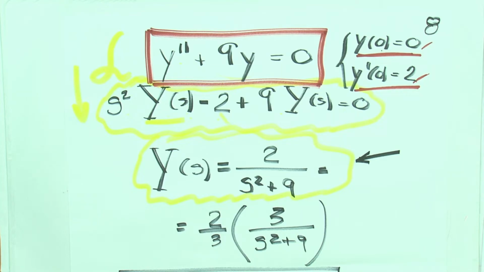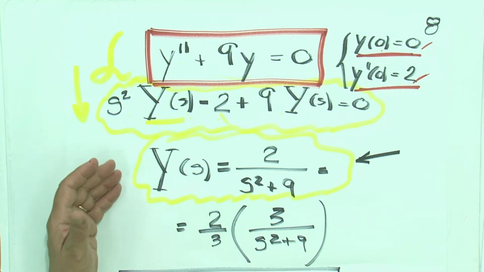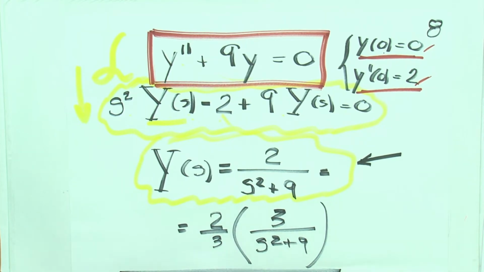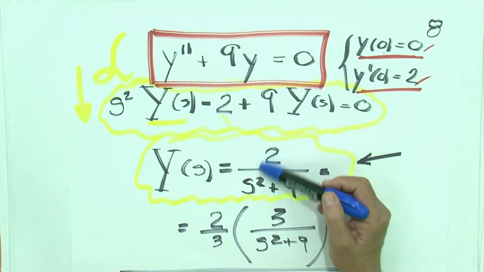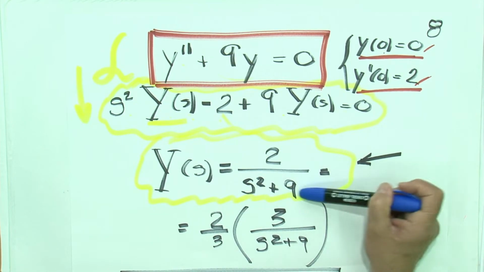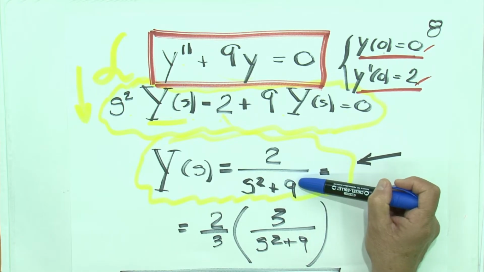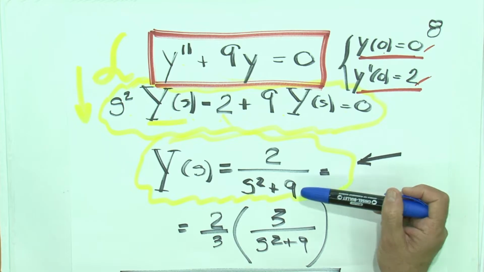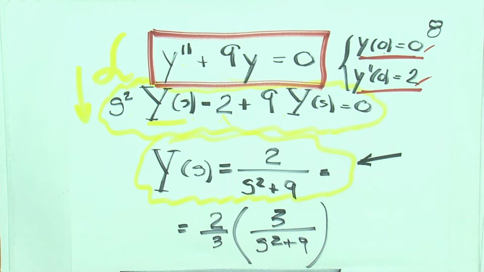So now, what I need to do is the inverse Laplace transform. But normally it's easier to look at it. Of course, this is a constant divided by s squared plus something that we easily identify as the square of something.